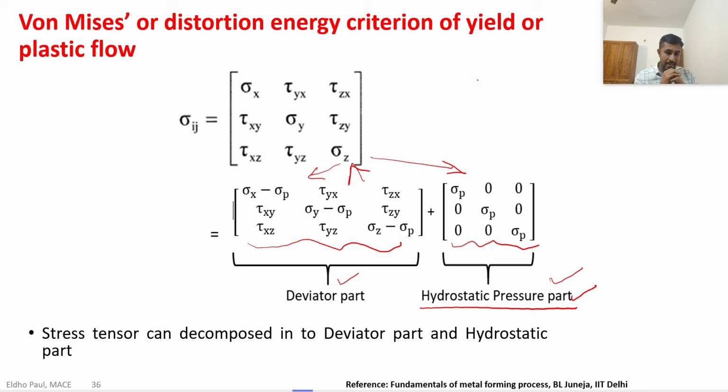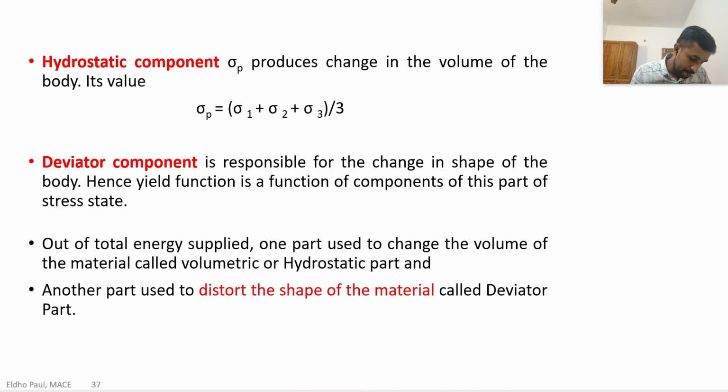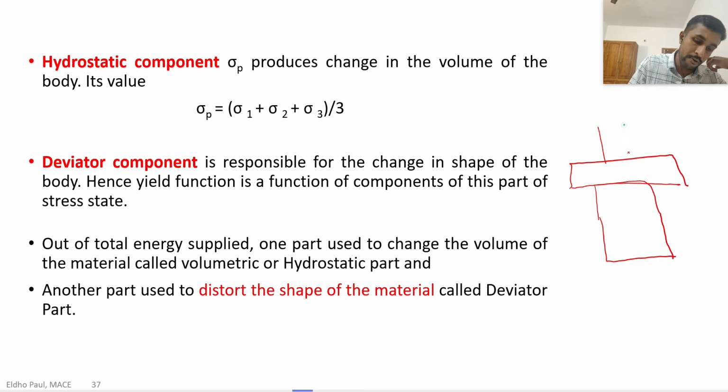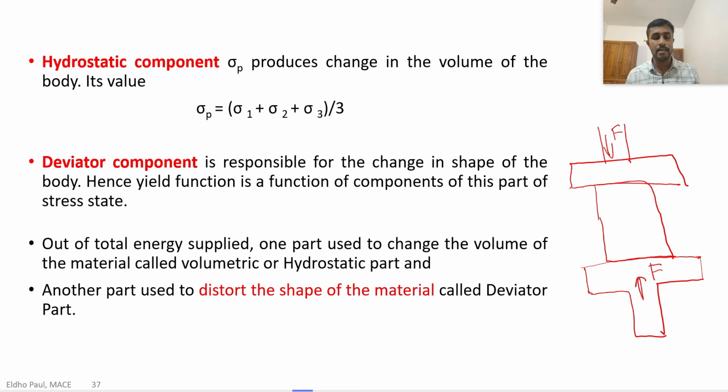The hydrostatic component produces change in volume of the body during the deformation. So here, this is my workpiece. I am applying a forging operation, a compressive force F on this body.